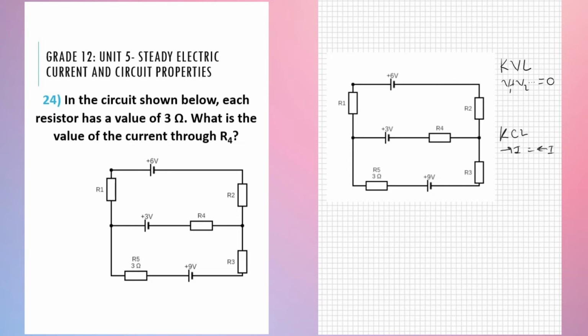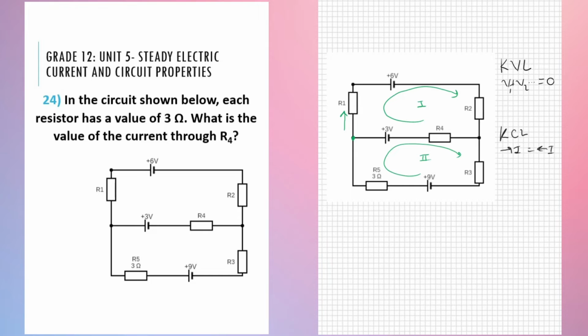When we look at Kirchhoff's voltage law, whenever you have a circuit set up like this, you create two loops. This case will have loop 1, and in this case we'll have loop 2. By adding the voltages in each respective loop, they will add up to 0. For Kirchhoff's current law, let's consider this node right here.